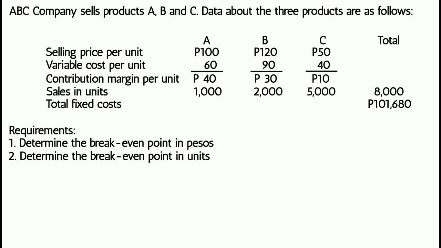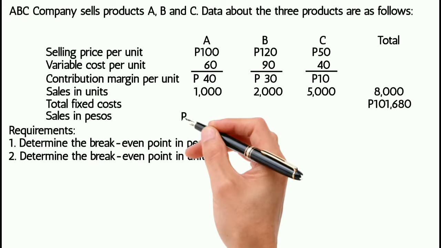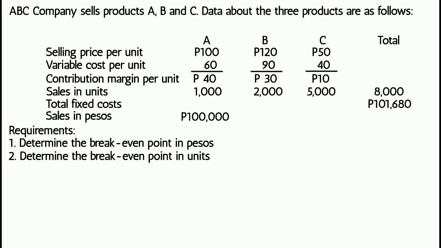Before we answer requirement number 1, i-compute muna natin yung sales in pesos for each product. Para ma-compute yung sales in pesos, imumultiply natin yung selling price per unit sa sales in units. So, for product A, 100 pesos times 1,000 units. That is equal to 100,000 pesos.